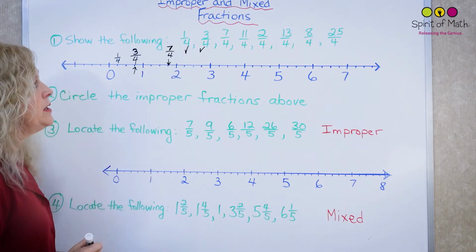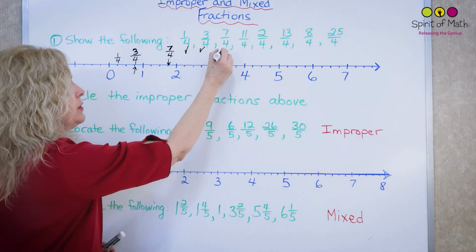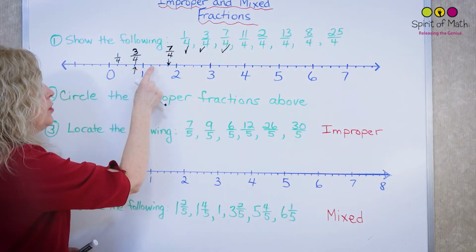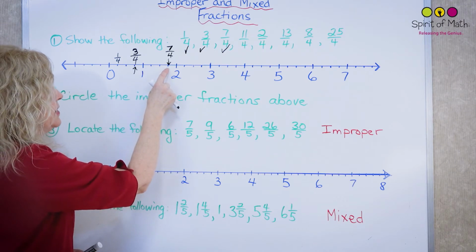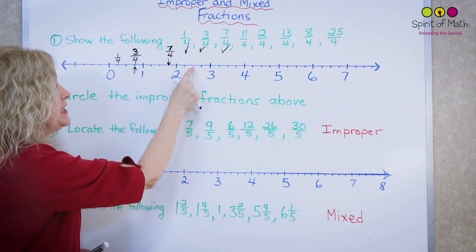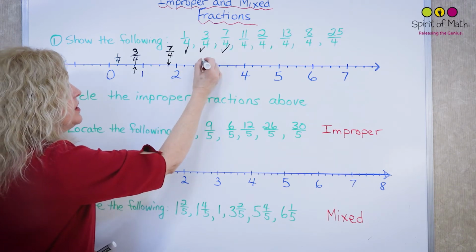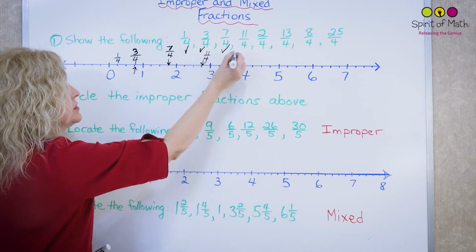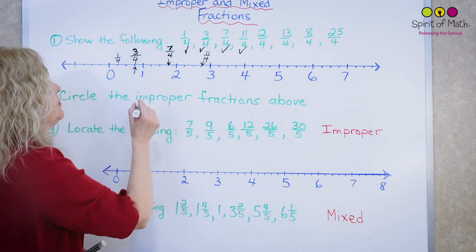Okay, now let's do 11/4. 1, 2, 3, 4, 5, 6, 7. You could have just started there, really. 7, 8, 9, 10, 11. So right here is 11/4.